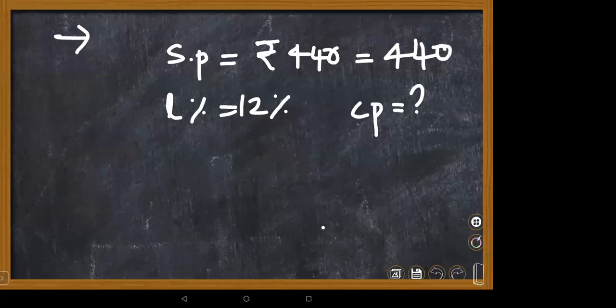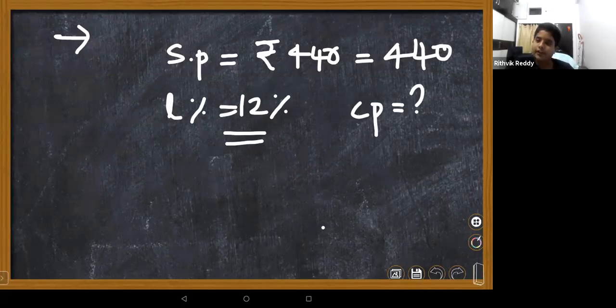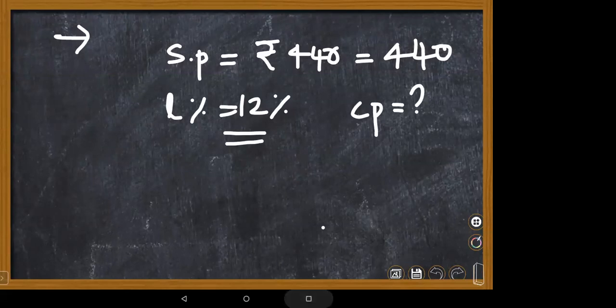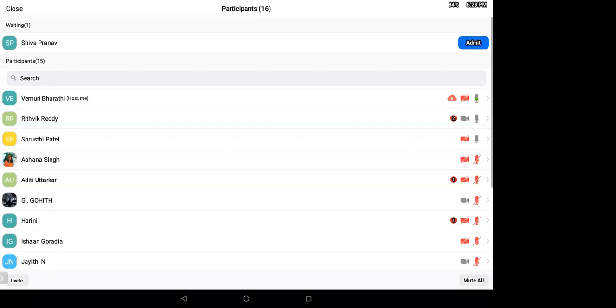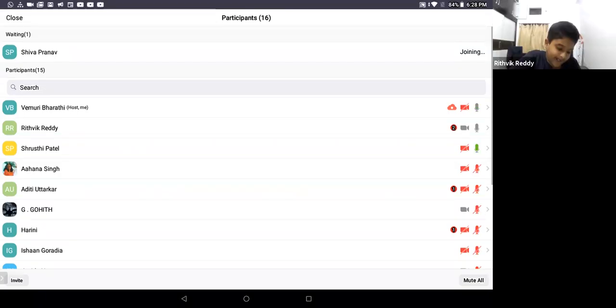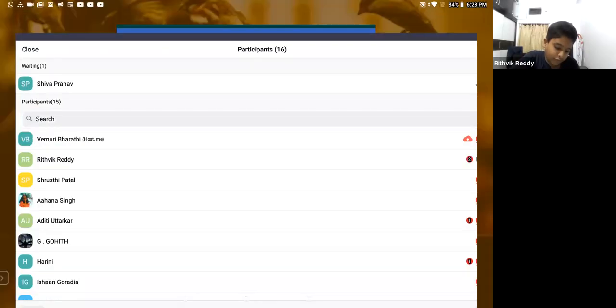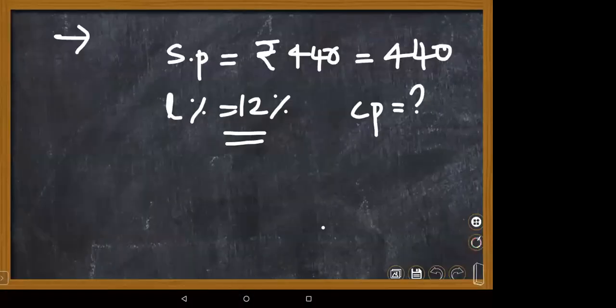Children, very simple. Loss is 12%. That means 100 minus 12, you're supposed to solve first. What is 100 minus 12? Ma'am, 88. Yes, 88% is equal to 440. Why?